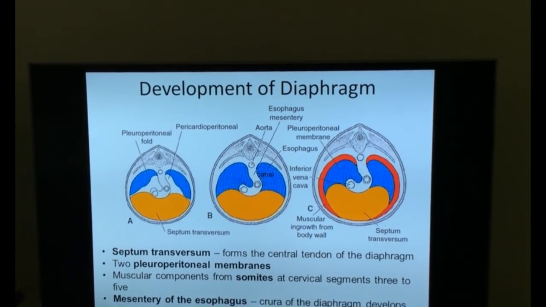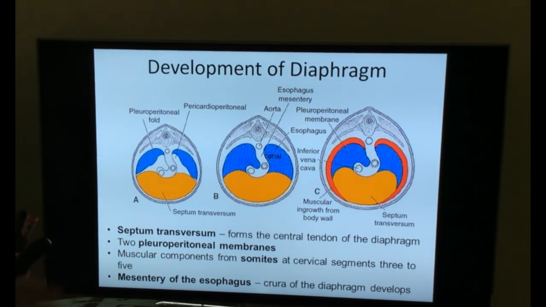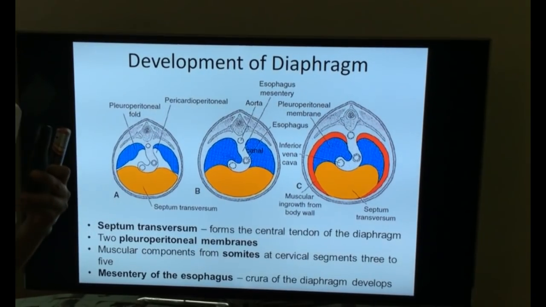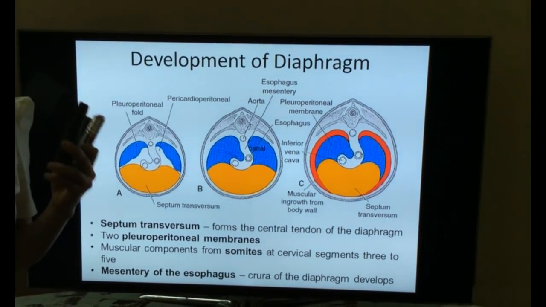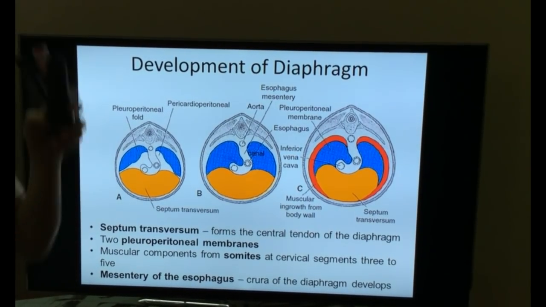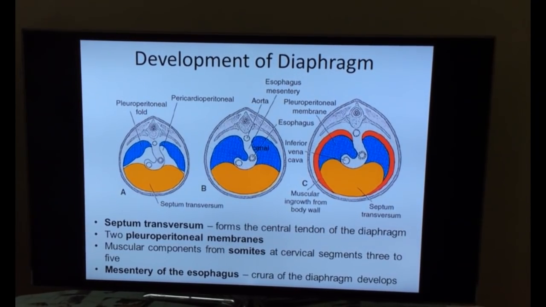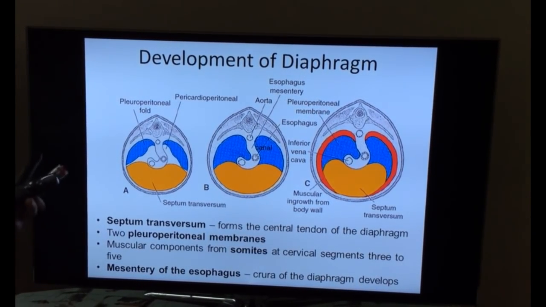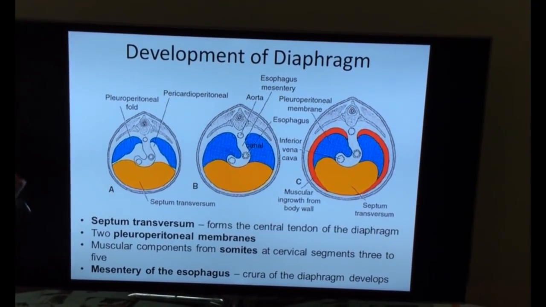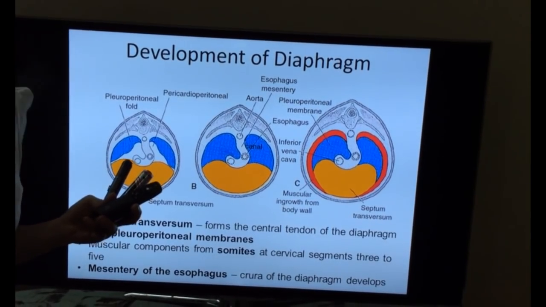The next part is the pleuroperitoneal membrane. I had told earlier during the development of the lungs that there is the pericardio-peritoneal canal, the primordium of the body cavity, where the lung expands into this cavity. This pericardio-peritoneal canal is separated into three different cavities by the formation of two folds called the pleuroperitoneal folds and the pleuropericardial folds.